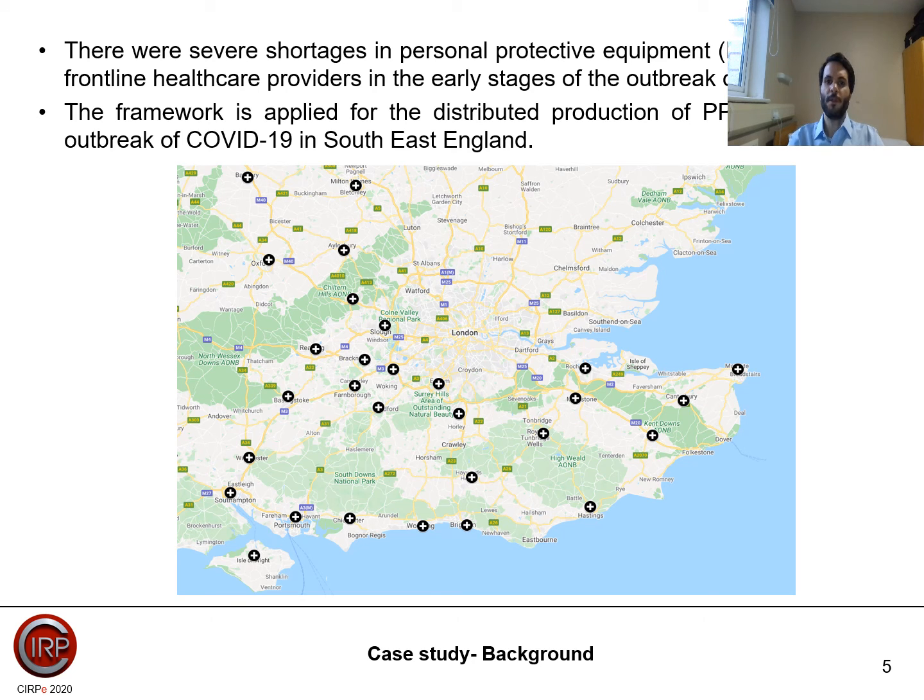Now, all hospitals in the southeast region of England are assumed to be potential locations for redistributed manufacturing plants where additive manufacturing equipment are placed to produce the face shields. The figure here illustrates the chosen area along with the locations of hospitals, which are also the locations of potential production plants.